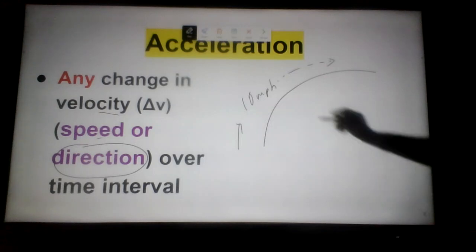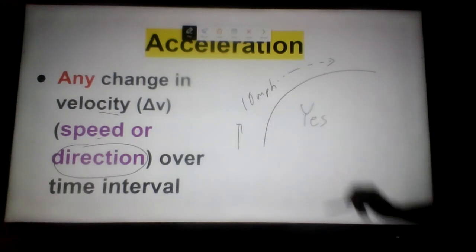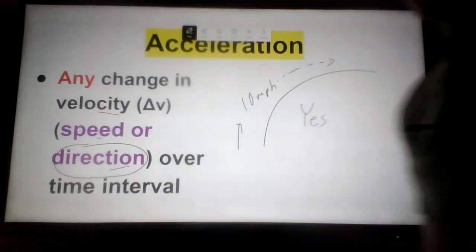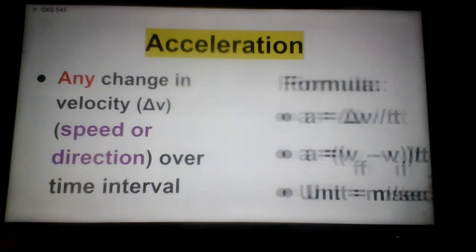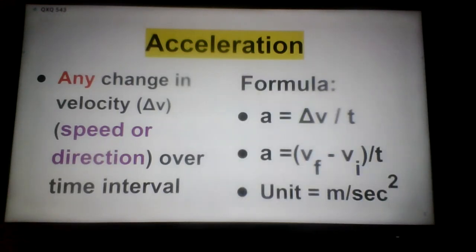The answer is yes, because what changed? The direction changed. Acceleration is any change in velocity, and since velocity also includes direction, any change in direction is also considered acceleration.